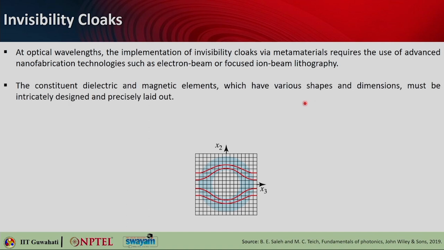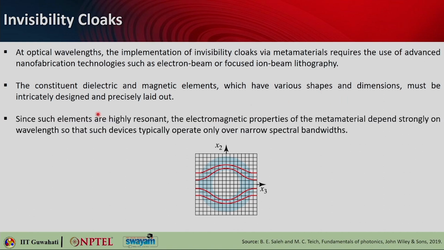But you can also see that there is a graded change in the values. So, you have to think of constituent dielectric and magnetic elements of various shapes and dimensions, and they must be intricately designed and precisely laid out. So, that makes this very challenging.